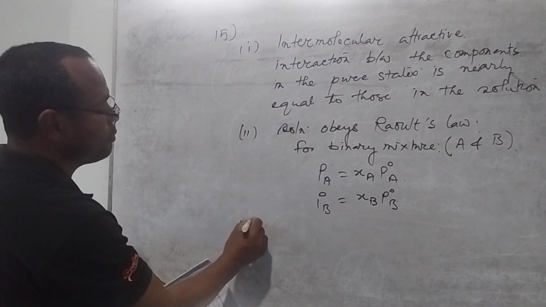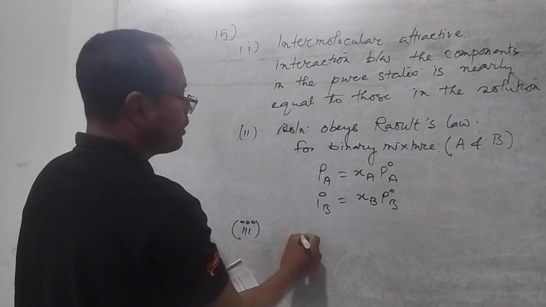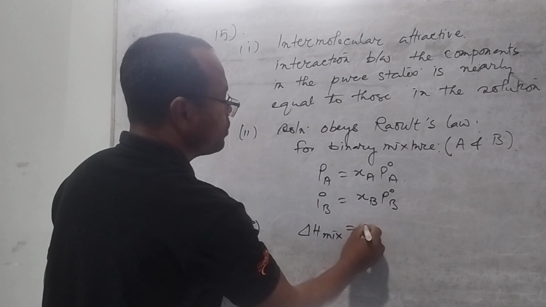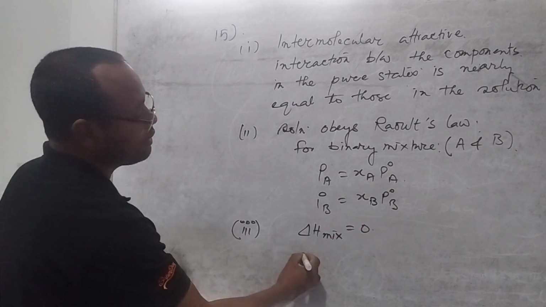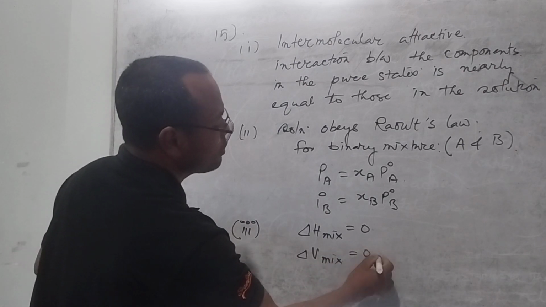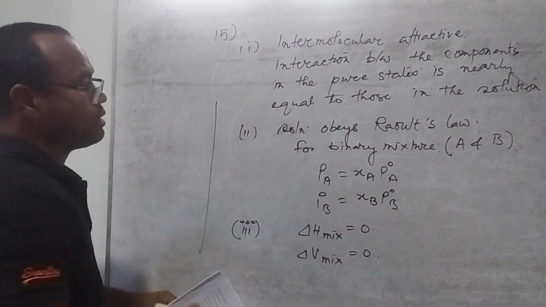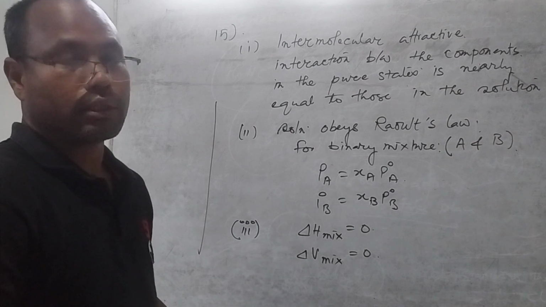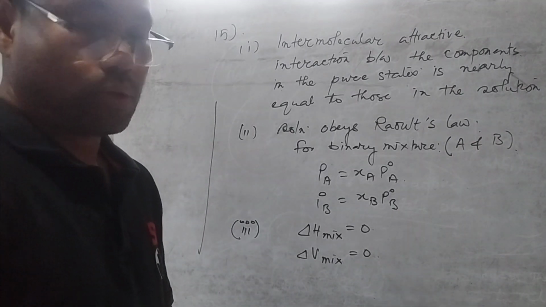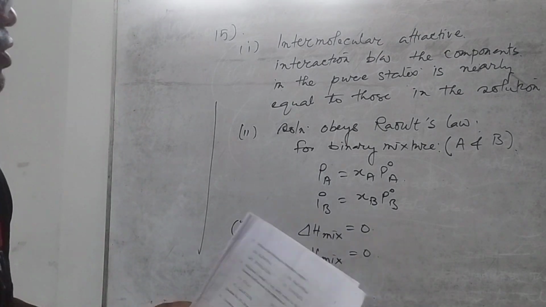Besides that, you can write that the change in enthalpy of mixing is equal to 0, and the change in volume of mixing is also equal to 0. Of these 3 points, if you write 2 of them you get 1 mark each, right? So these are the answers of question number 15.